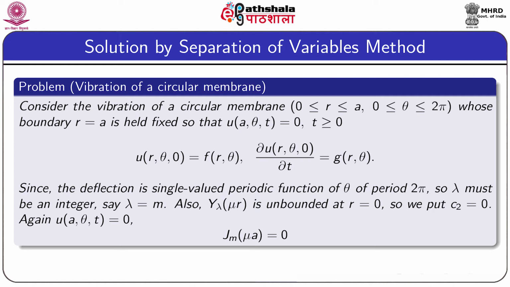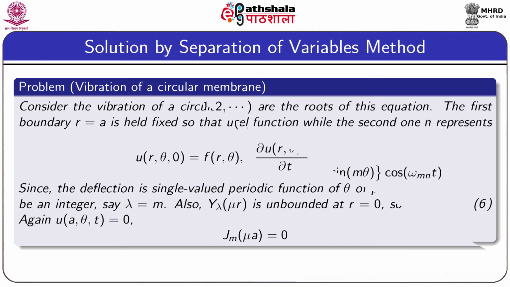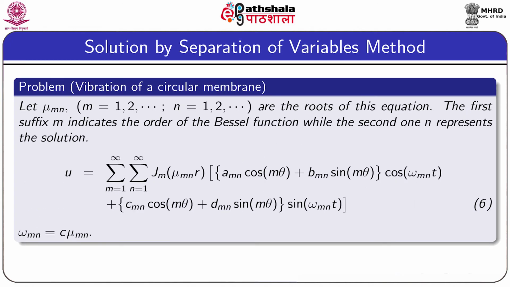Now, if we use the boundary condition u at r equals a is equal to 0, that gives the equation J m mu a equals 0. Let mu mn, where m and n are integers, be the roots of this equation. In this suffix, m indicates the order of the Bessel function and n represents different solutions.